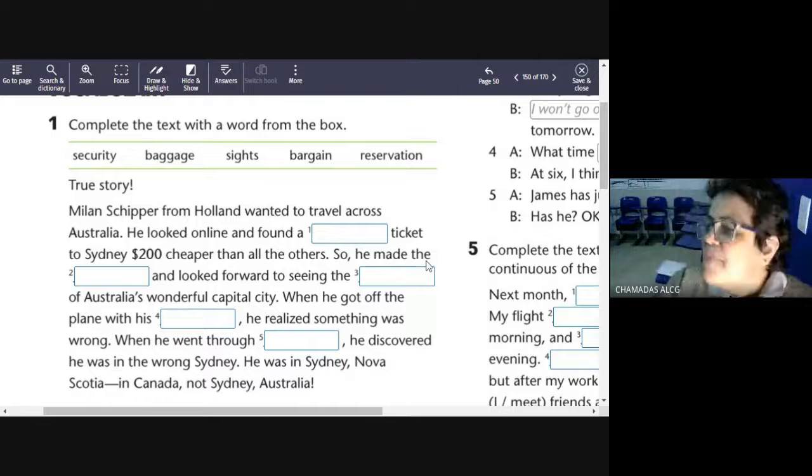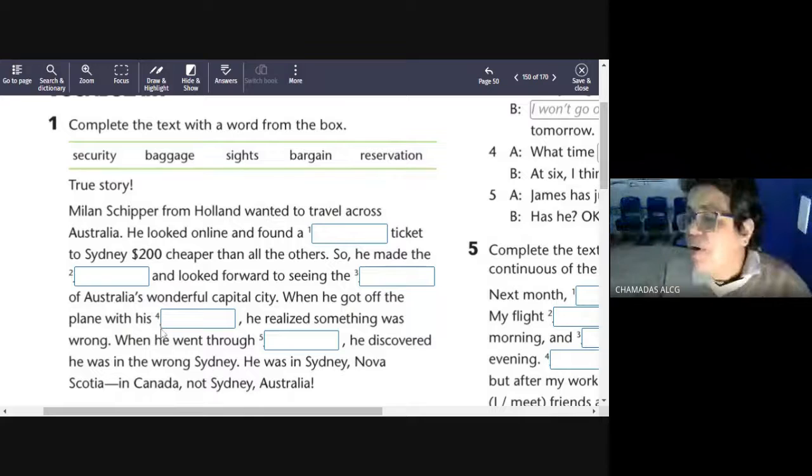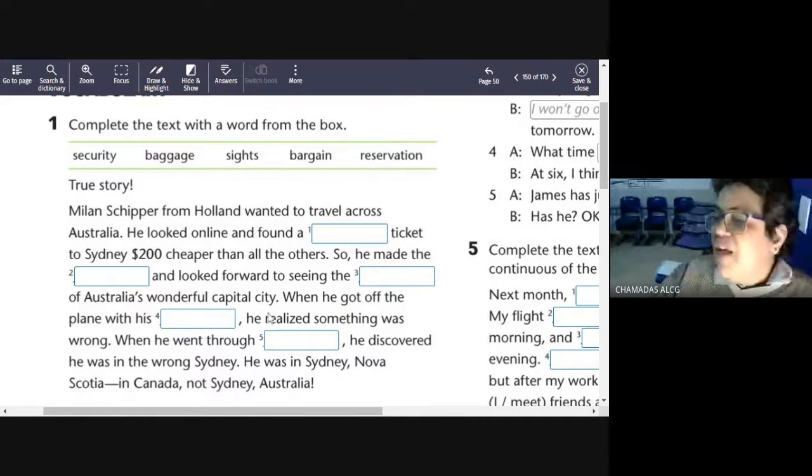So he made the reservation and looked forward to seeing the sights of Australia's wonderful capital city. When he got off the plane with baggage he realized something was wrong.